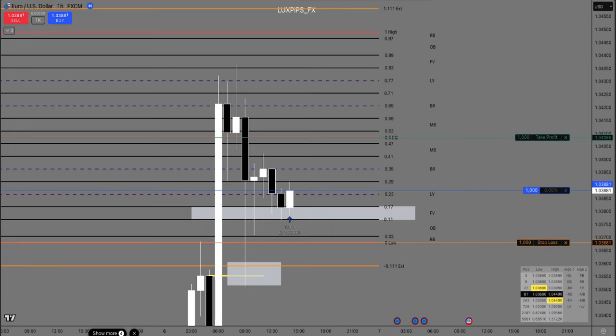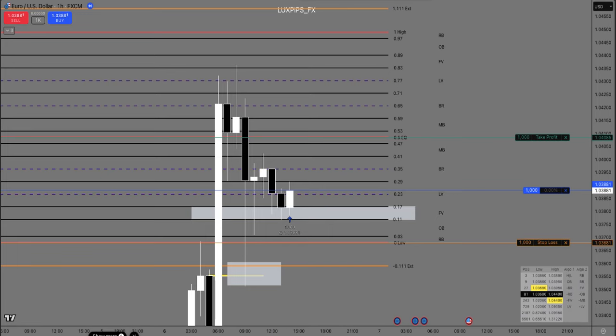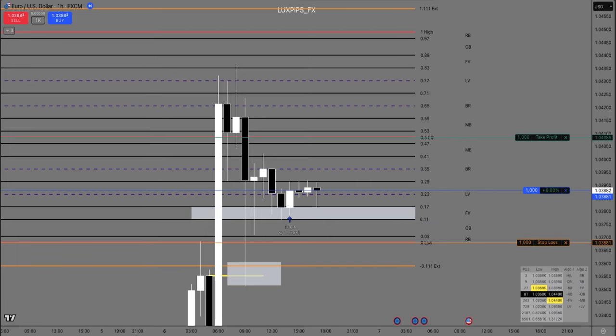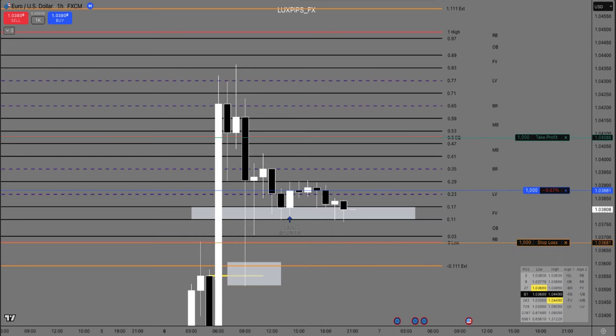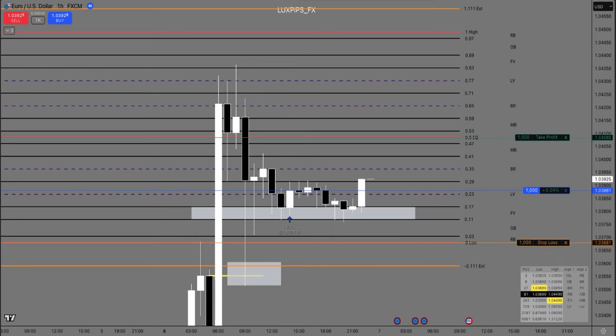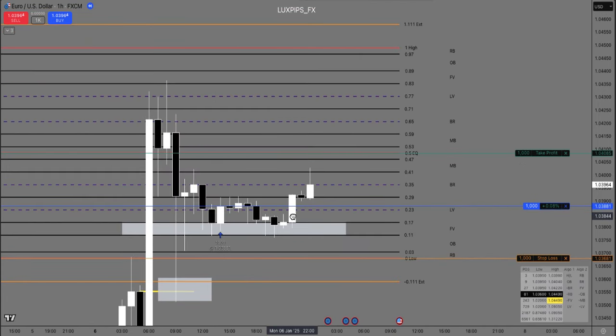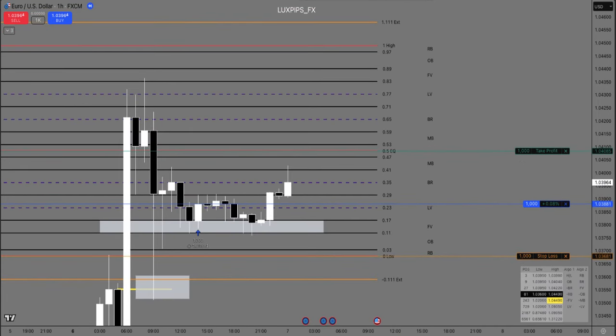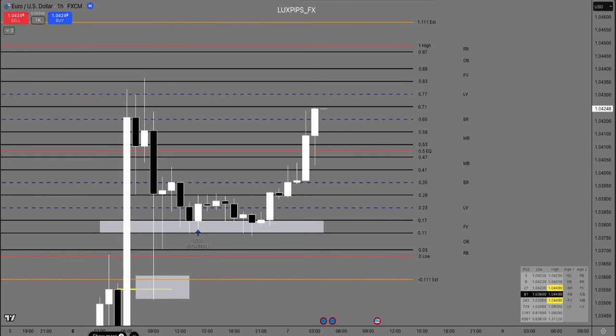Alright, see what happens. The FVG level is still being used. There's the LV and the LV. Alright. And there we go. TP has been hit. So it's 3 wins.